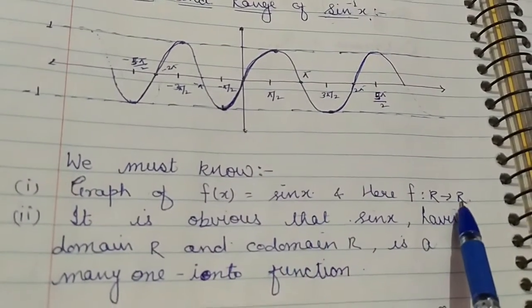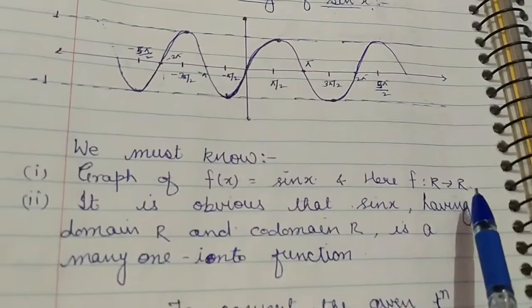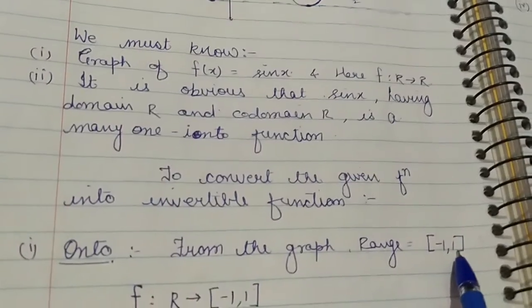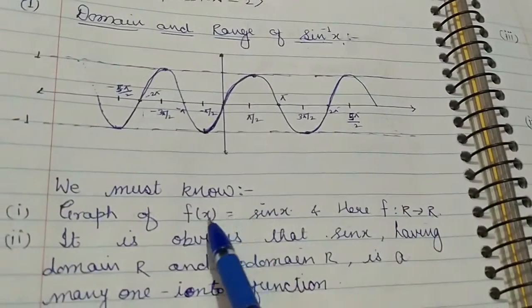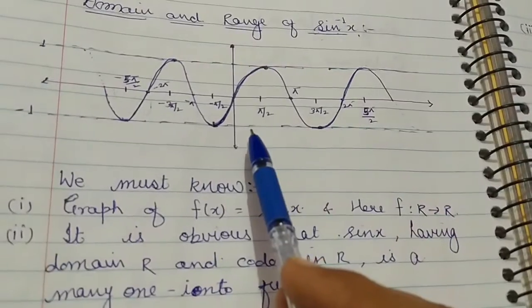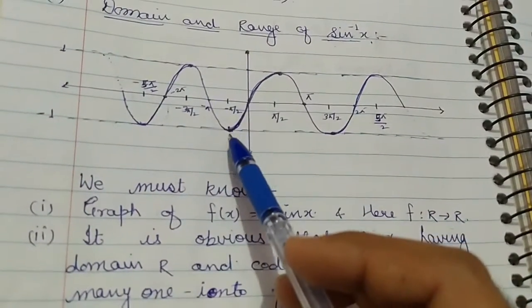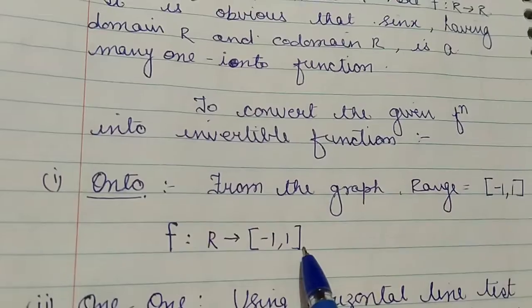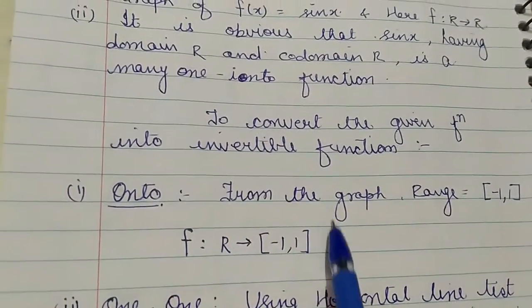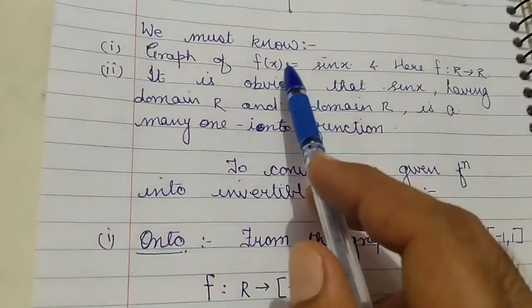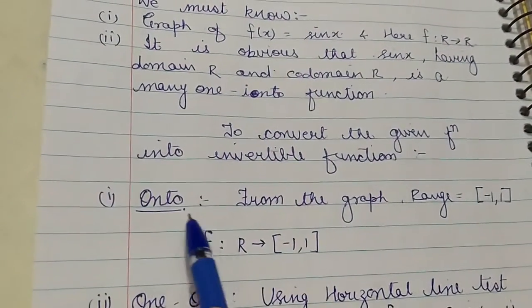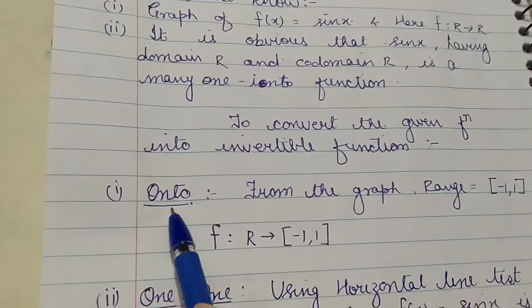If we replace the codomain by this set, then this function will become an onto function, because the range of this function is -1 to 1, and we replace the codomain by the same set. Hence, in this condition, the trigonometric function sin x can be converted into an onto function.